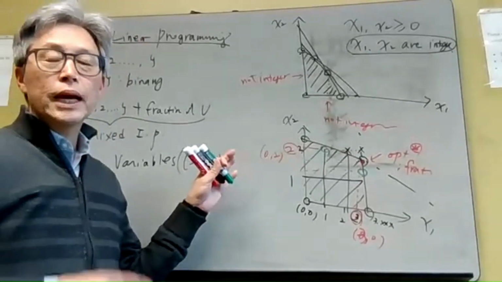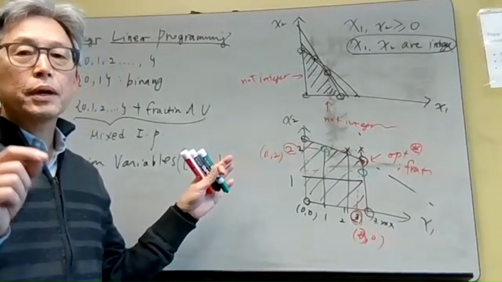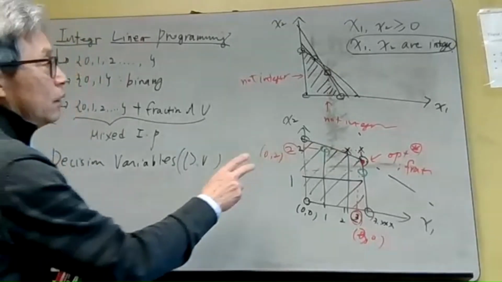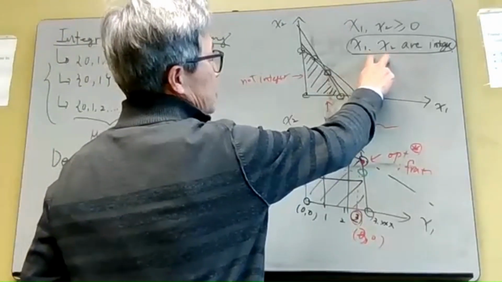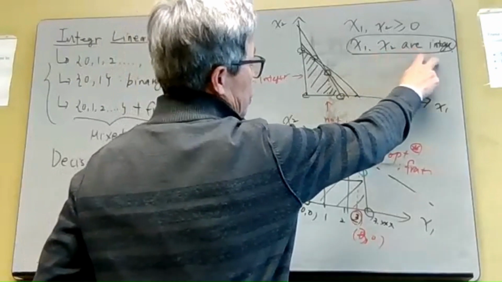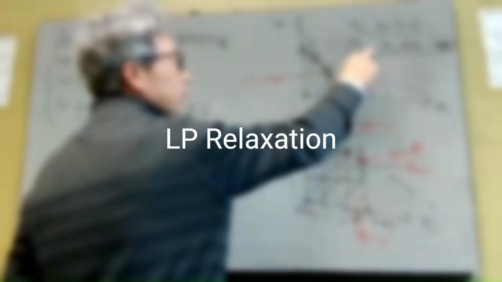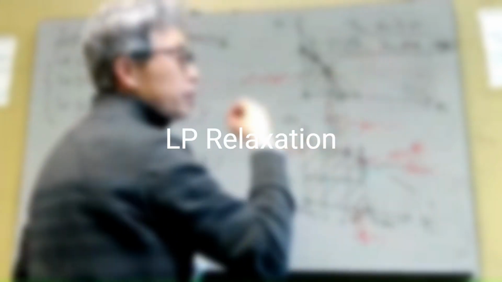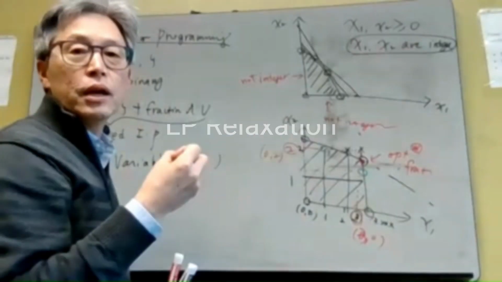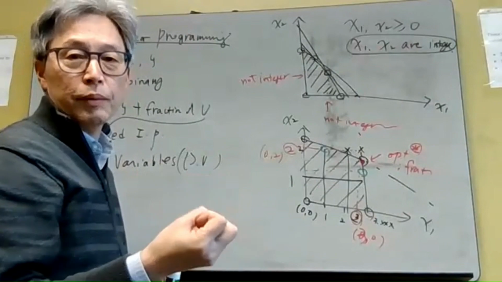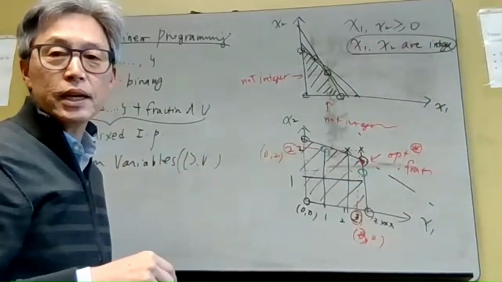So when solving with linear programming relaxation, now we have a new constraint, x1 and x2 should be integer. That's the integrality constraint. If we relax this constraint, we're going to have regular general linear programming. So we call it LP relaxation.